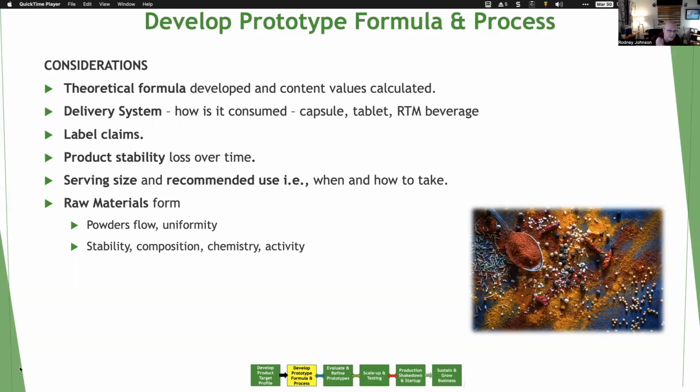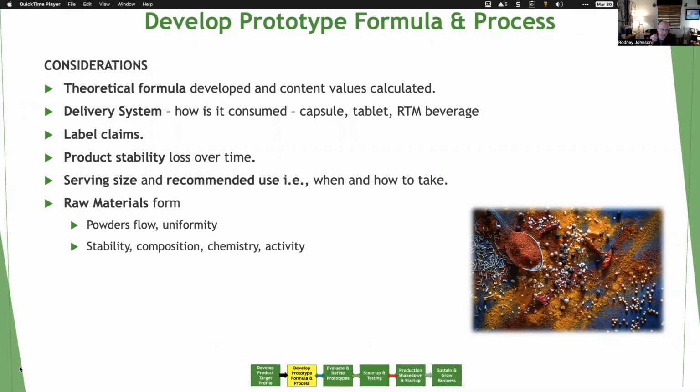The other considerations when you're developing a formula is how is it going to be consumed? Is it going to be in a capsule or tablet? There you look at flow. If it's going to be in a ready to mix beverage, you look at dissolvability and dispersibility. So those are things that come into consideration as you're developing it.